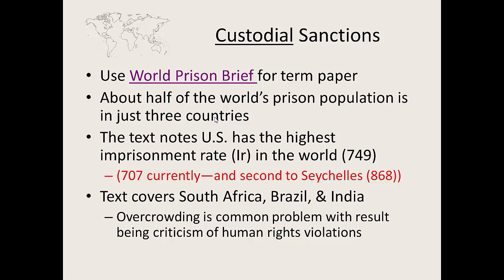I'm sorry, per 1,000 population. And this now makes us second to the Seychelles in terms of the number of prisoners per population in the world. The textbook covers custodial sanctions in 3 countries, South Africa, Brazil, and India, and overcrowding is the common problem found in each of those countries.